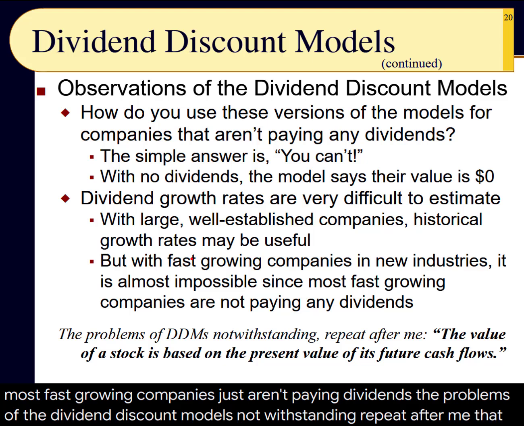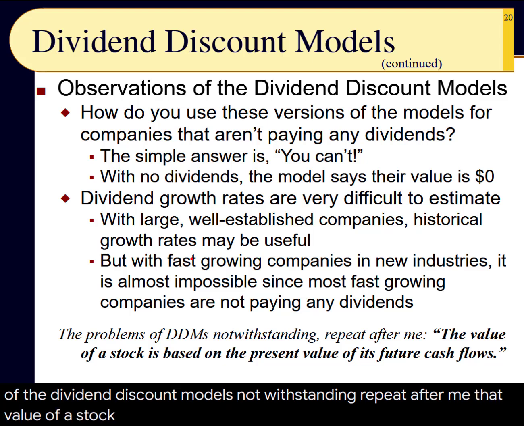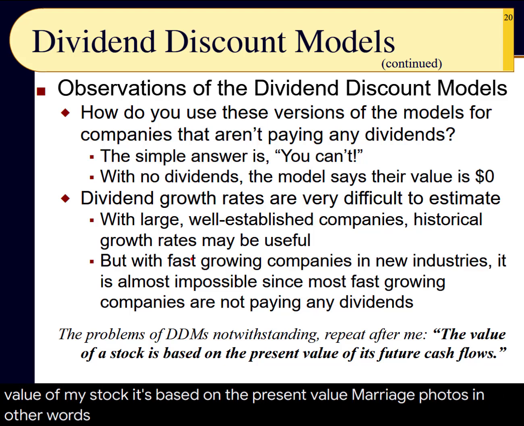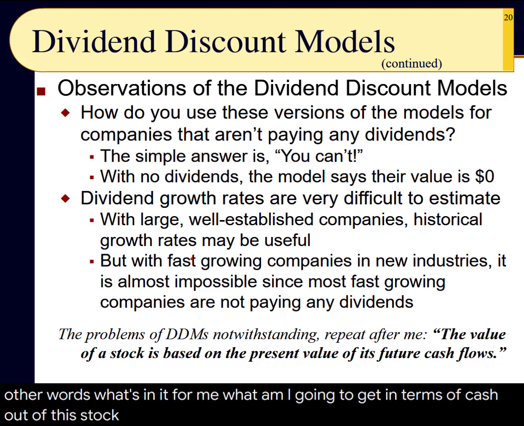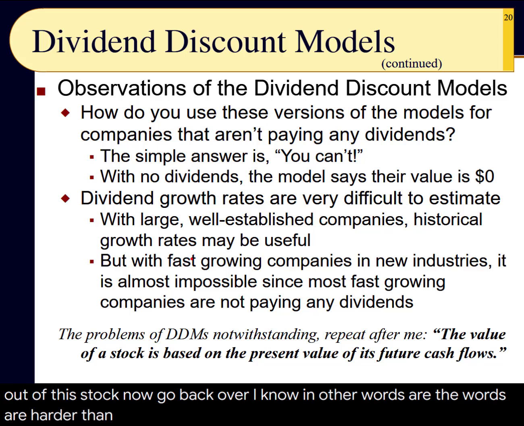The value of a stock is based on the present value of its future cash flows. In other words, what's in it for me? What am I going to get in terms of cash out of this stock? Now go back over. I know the words are harder than the actual calculations. The calculations are very easy.